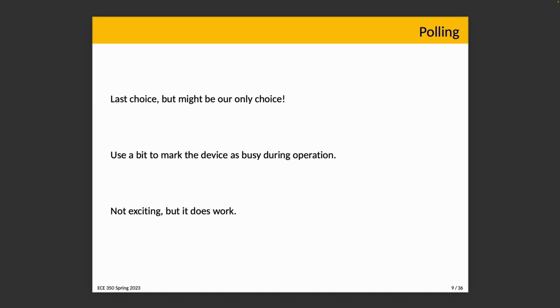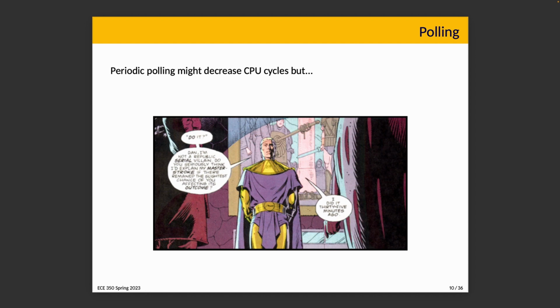Now, first thought would be to change the logic a bit so that instead of tight polling, the host checks periodically rather than immediately. It does decrease the wasted CPU cycles, but there is a risk that the data is lost because we don't respond in time. How might that happen?